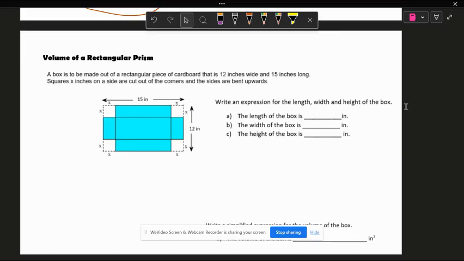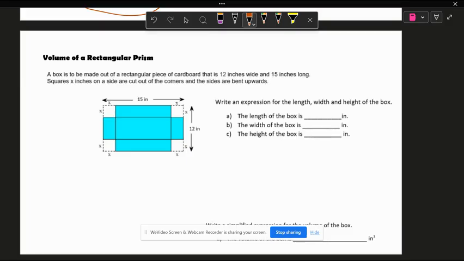So we have this rectangular piece of cardboard that's 12 inches by 15 inches long. We got the 12 here, we got the 15 here. Squares, x inches on each side, are cut out of the corners, and the sides are bent upwards because we're going to make a box, a 3D box.